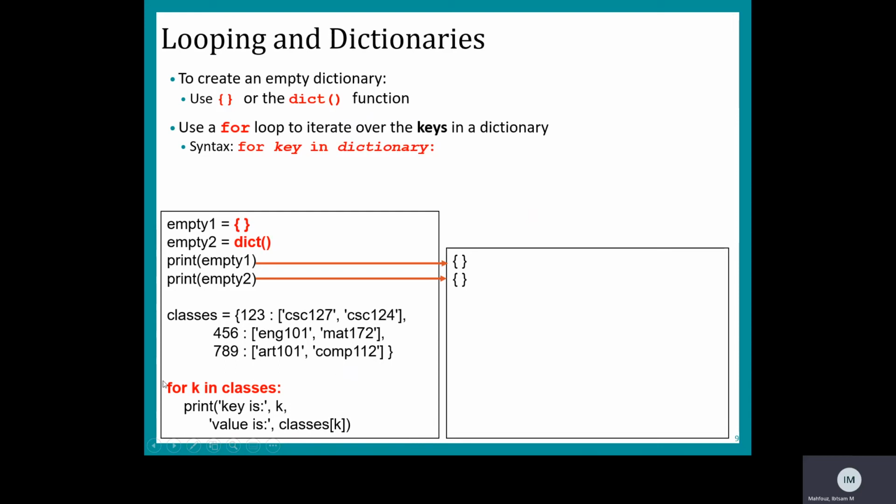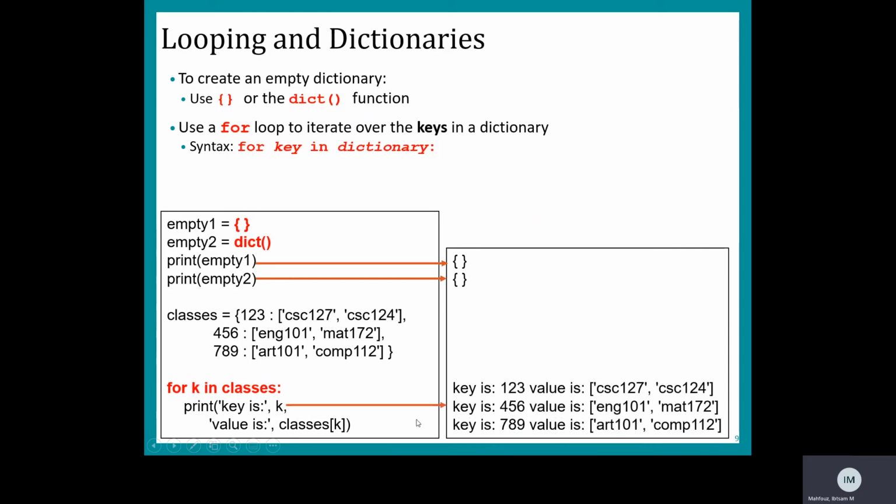So here, when I'm looping through, the K that I'm going to get back is the key. And so if I want to see the value, I would have to go to the dictionary and use that key to get the value. Okay, and so if I do that, it will give me every single key. So here the K is the key. So I see that 123, all these keys, and I get the values.